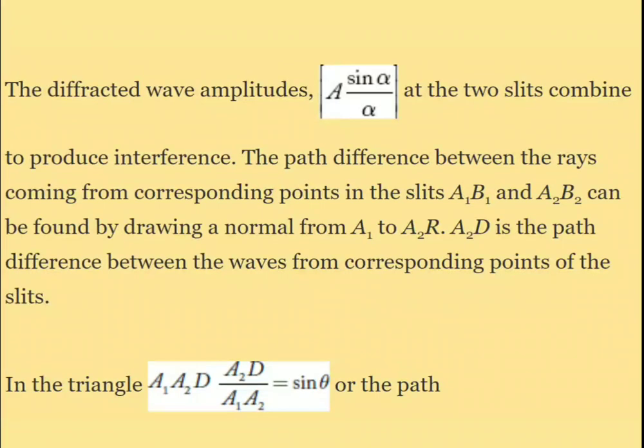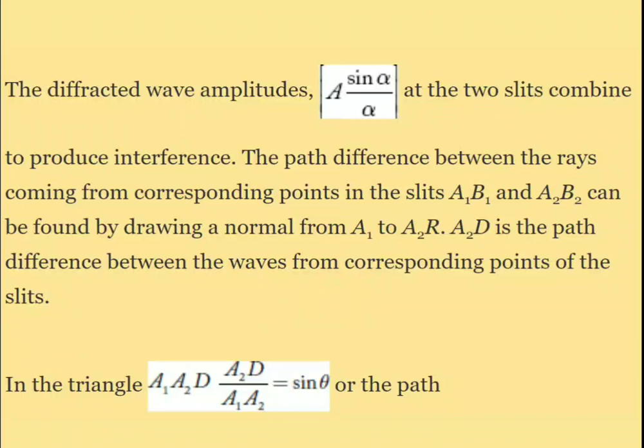The path difference between the rays coming from corresponding points in the slits A1 B1 and A2 B2 can be found by drawing a normal from A1 to A2R. Here A2D is the path difference between the waves from the corresponding points of the slit.